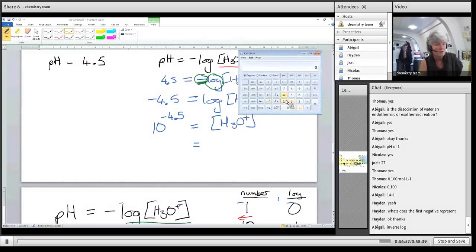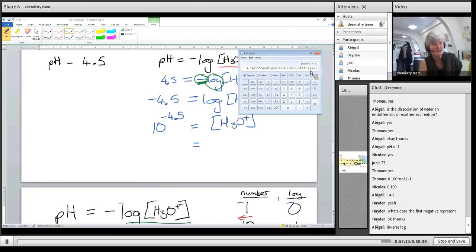So it's 4.5 negative and 10 to the x. You raise it up. Can you see I've got 3.16 times 10 to the minus 5.